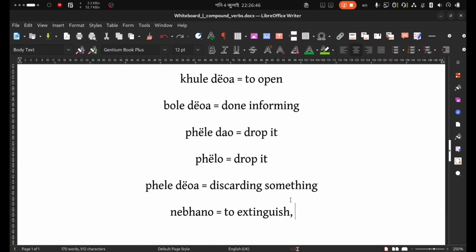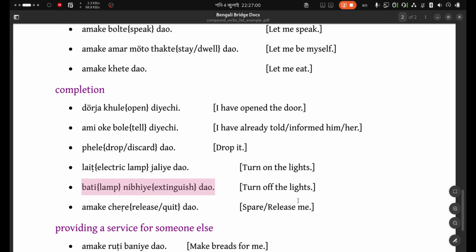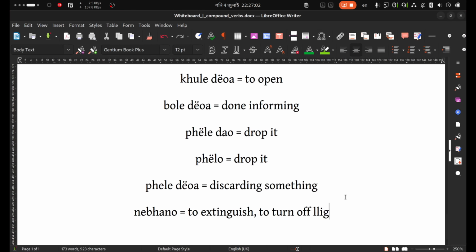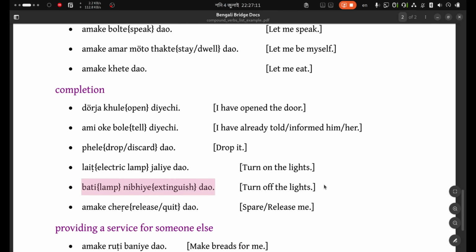But in the context of lights, you can just say turn off, to turn off lights, not turning off anything else, only lights. It can be candlelight, electric bulb, electric lamp, or any type of light.